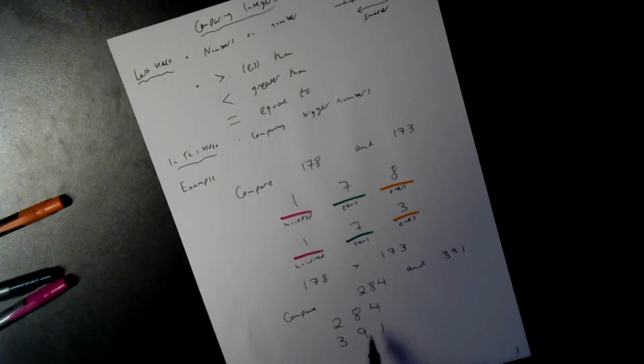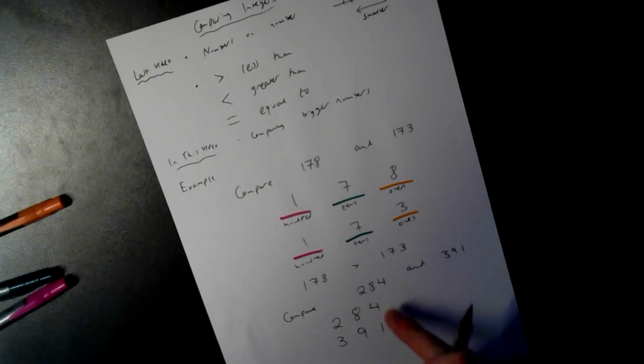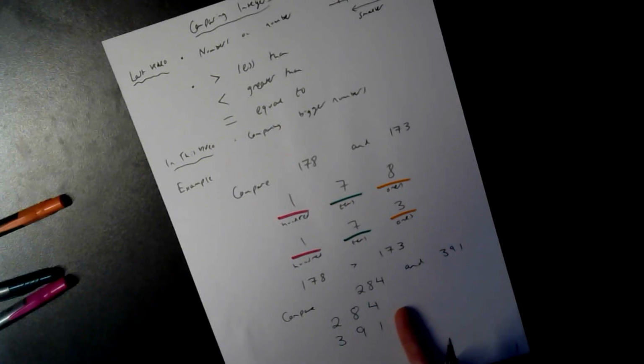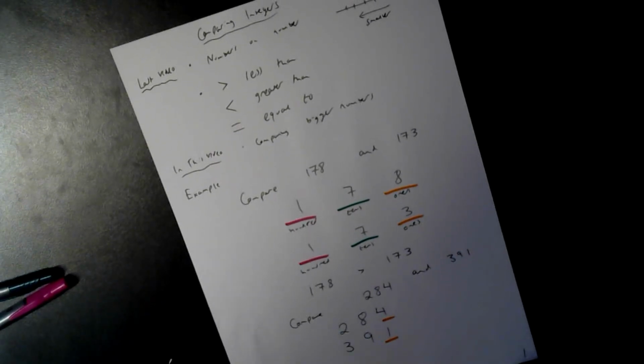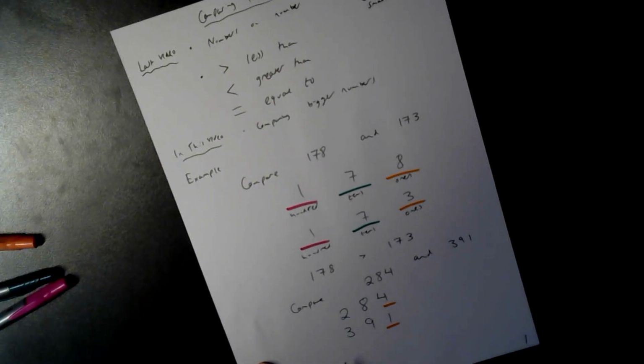And we've got to make sure that they line up on the right-hand side. So the ones digits always have to line up. Okay. So we look in this first hundreds column and we see, oh, 2 is less than 3.